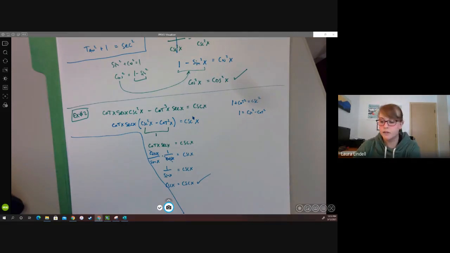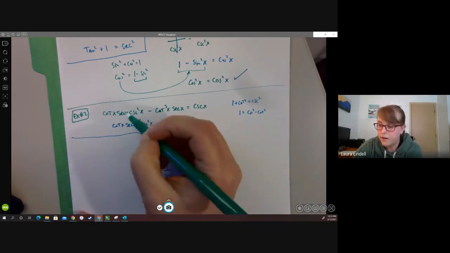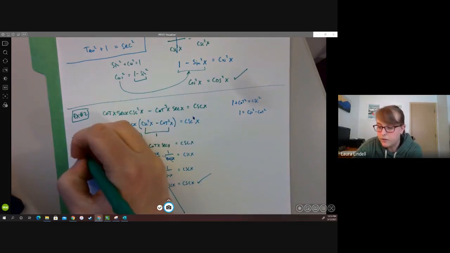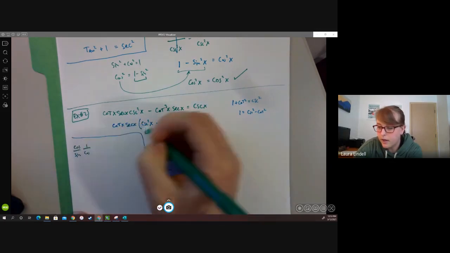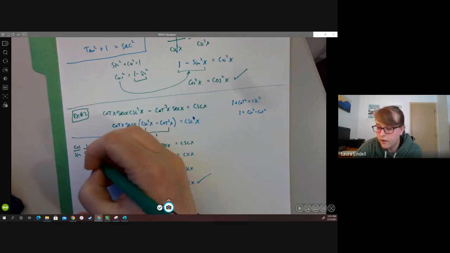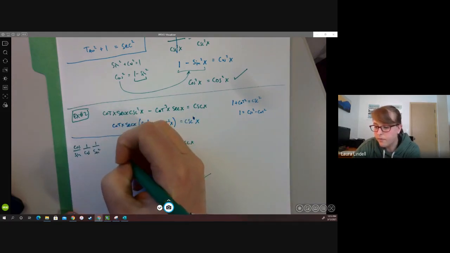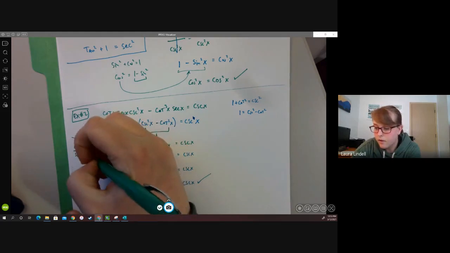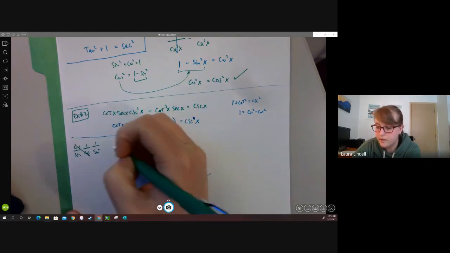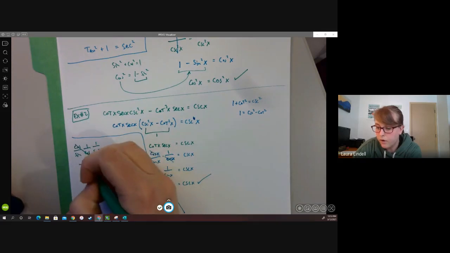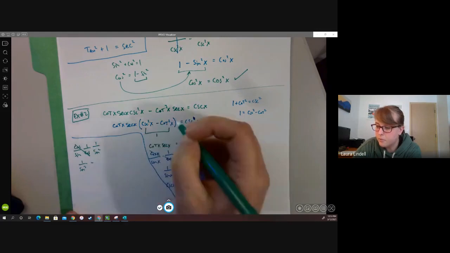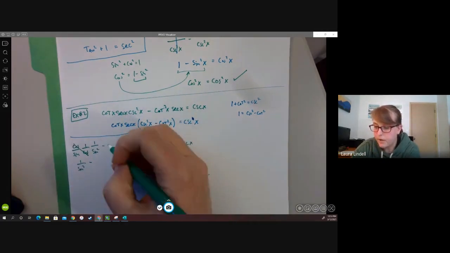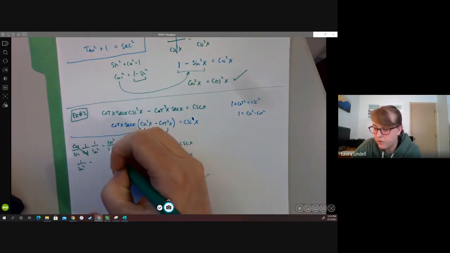What if we turn everything into terms of sine and cosine on the left-hand side? So we'd have cotangent is cosine over sine, secant is 1 over cosine, cosecant squared is 1 over sine squared. So we would cross cancel the cosines, and for that term we would get 1 over sine cubed. And then here cotangent cubed is cosine cubed over sine cubed.